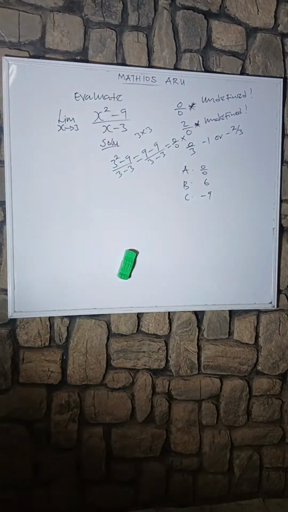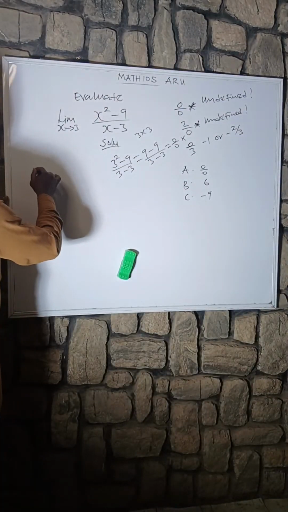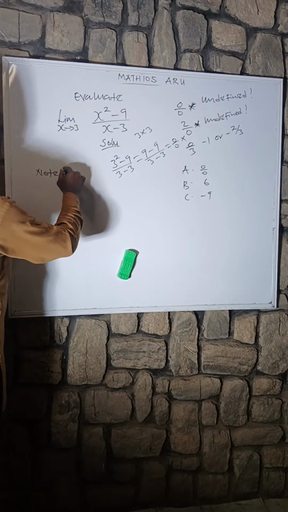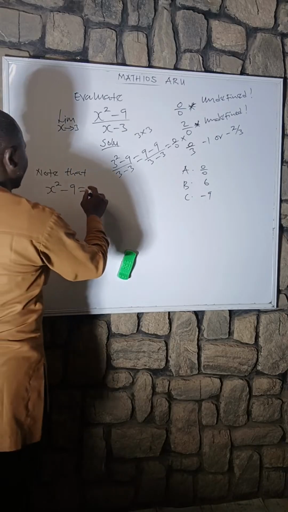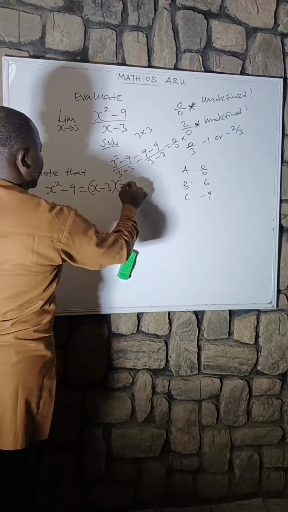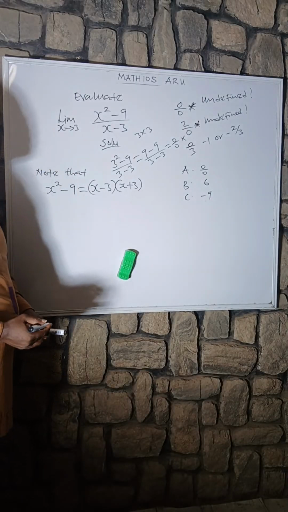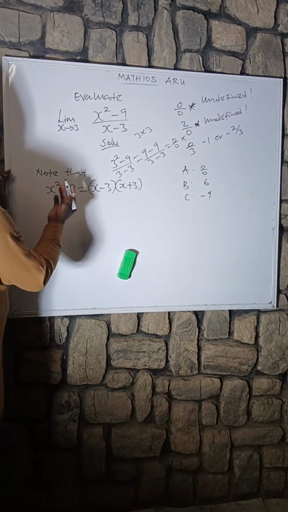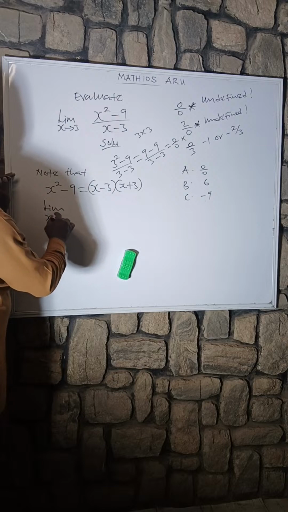Amen? Okay. Note that x squared minus 9 is the same thing as x minus 3 times x plus 3. So let's evaluate it. We can now write limit x tends to 3.